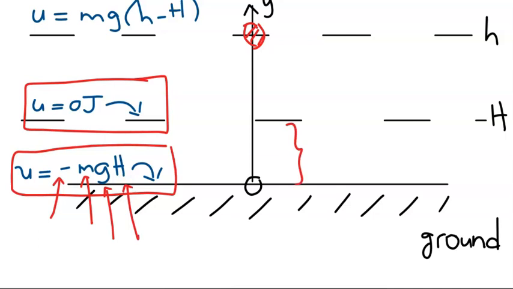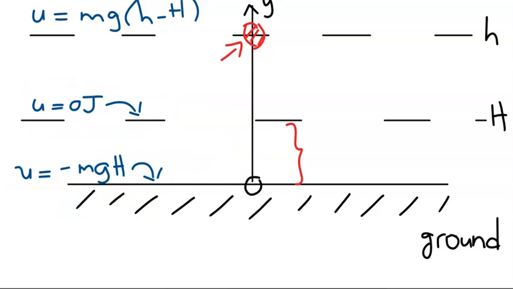So what this U means is that if the object is here, its potential energy is given by that. And the position of the object is still the same as before, namely the y coordinate is y equals h, as shown here.